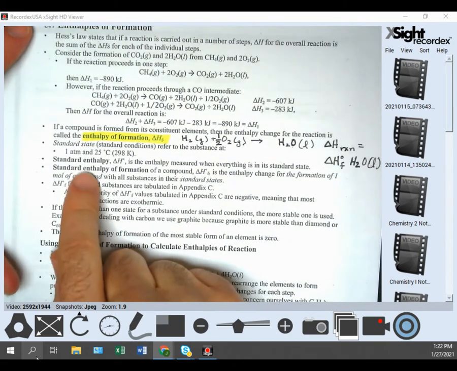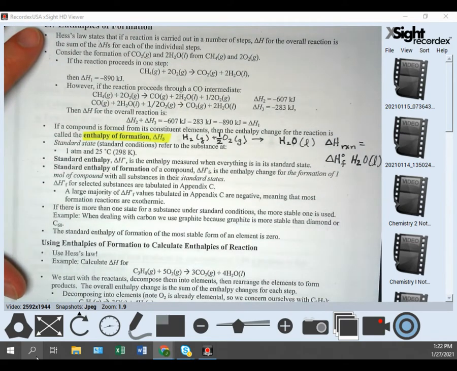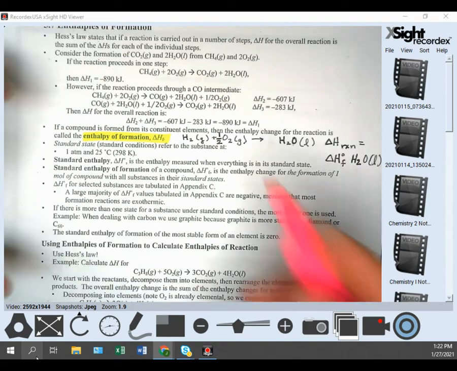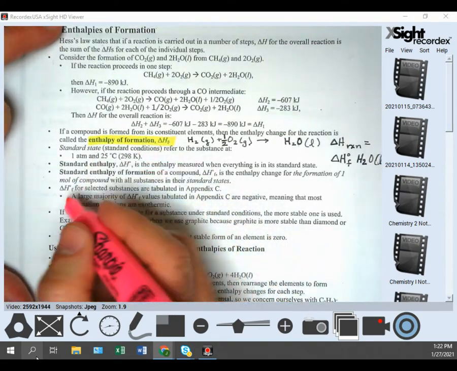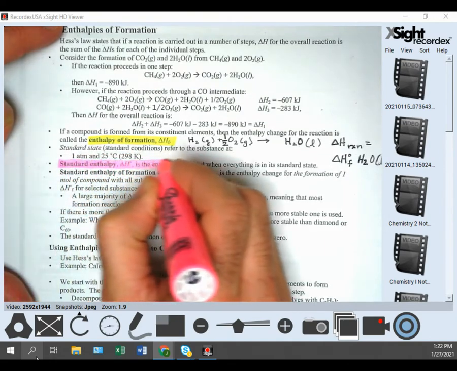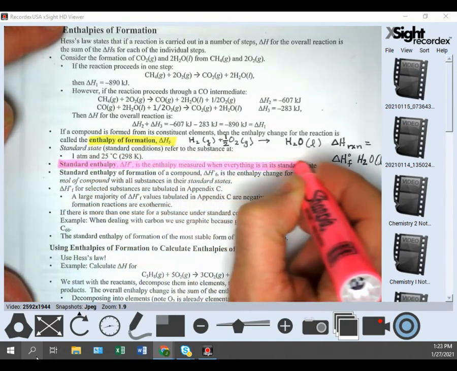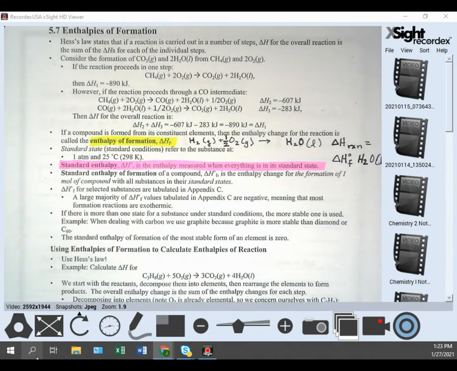Okay. Standard enthalpy, delta H with the little circle that looks like a degree symbol, is the enthalpy measured when everything is in its standard state.